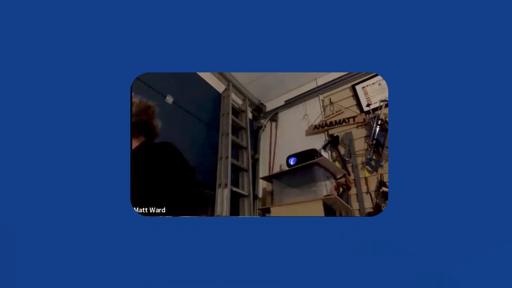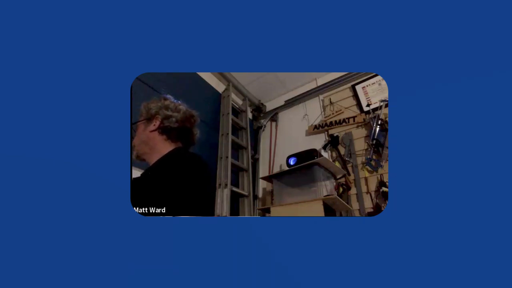Which keys is C7? C7 will be this one, this one, this one, and then this one. And what was C major? C major is just those three: C, E, and G. And a C minor will be a C with an E flat.